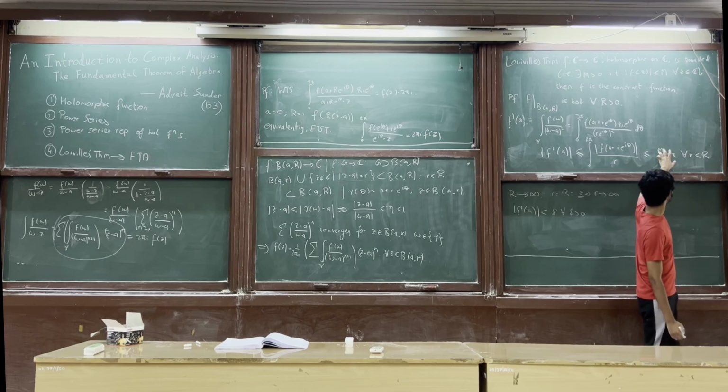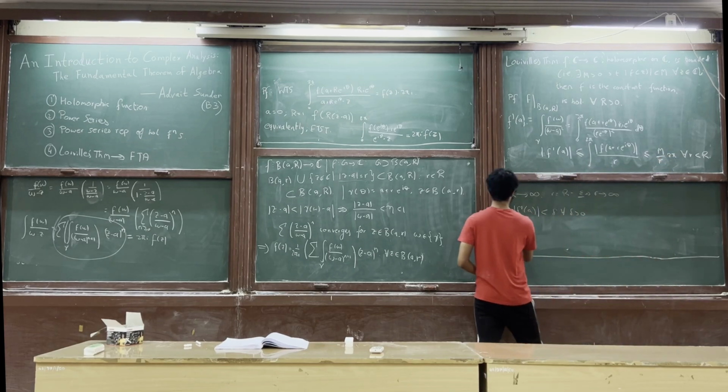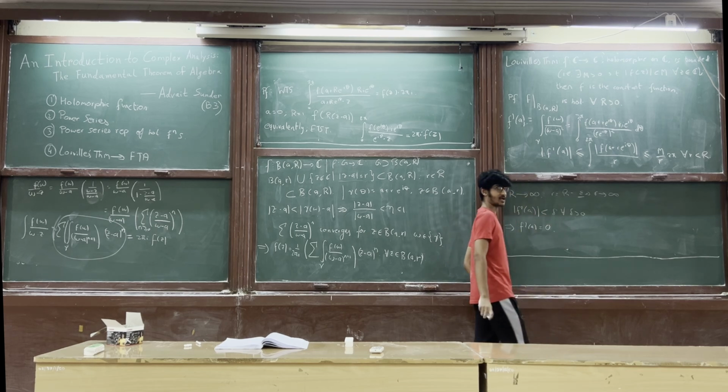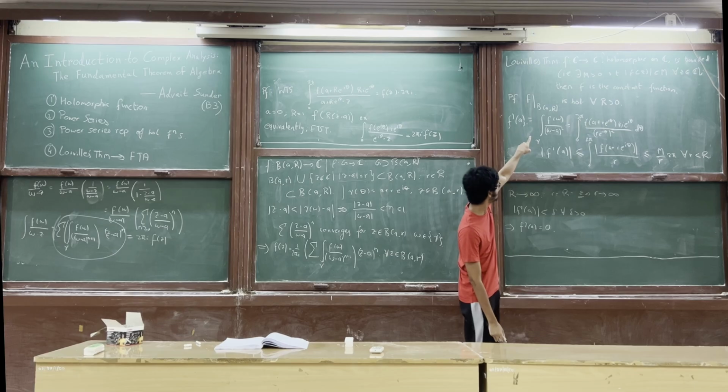So this thing, because m and 2 pi are obviously fixed, will go to 0. So this shows that f prime of a is 0. But note, a was arbitrary.